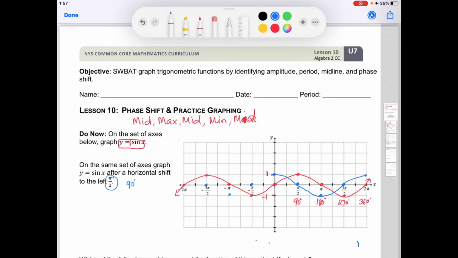So if you realize it, if you only look at this part of it, the blue graph is a cosine graph, right? Because it's starting at max. So basically a cosine graph is a shift to the left 90 units of the sine graph.